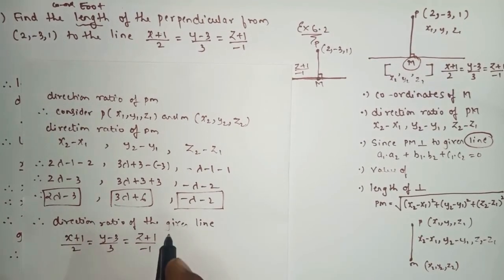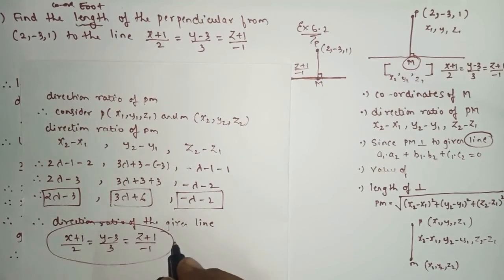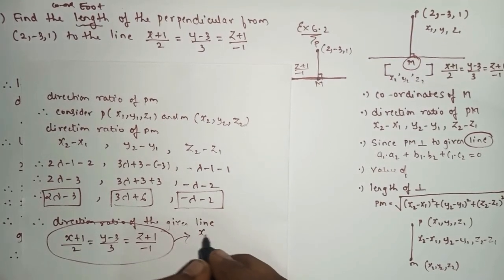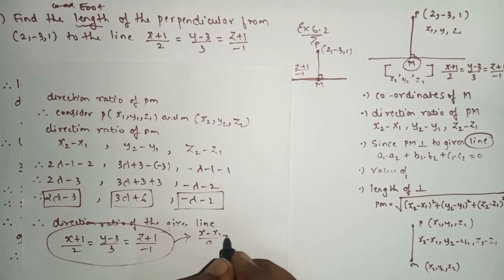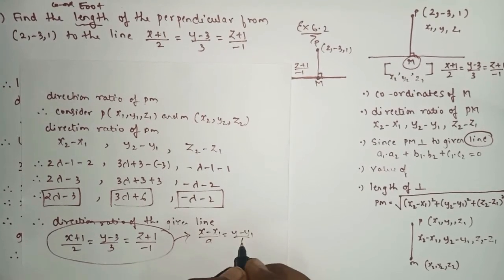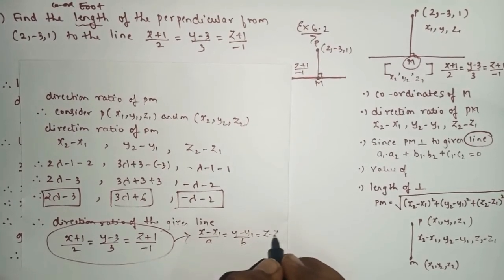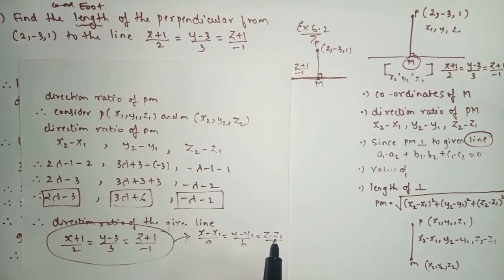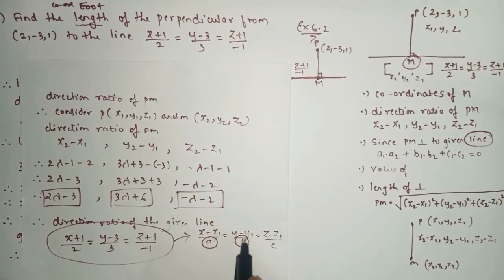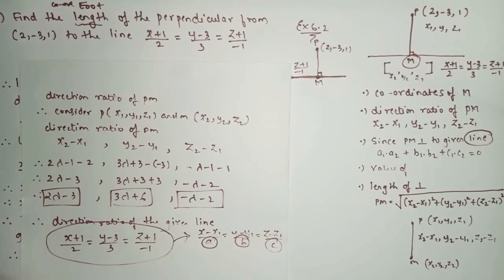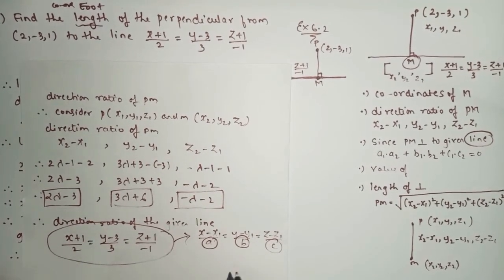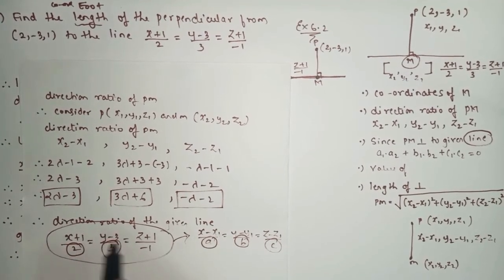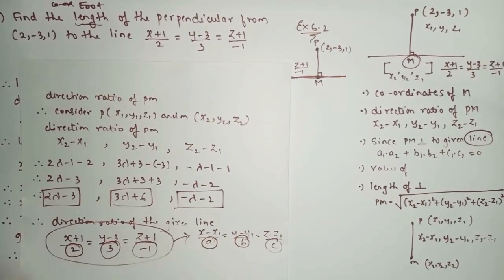In a given equation, where is the direction ratio? When you compare this equation with x minus x1 upon a, y minus y1 upon b and z minus z1 upon c, we know that x1, y1, z1 are the coordinates and a, b, c are the direction ratio. So here, where is the direction ratio in the given line? This 2, 3 and minus 1 are the direction ratio.